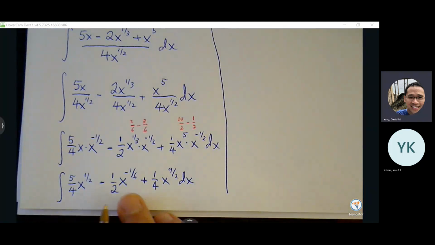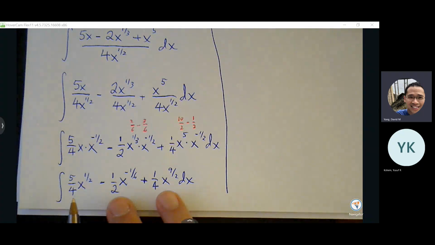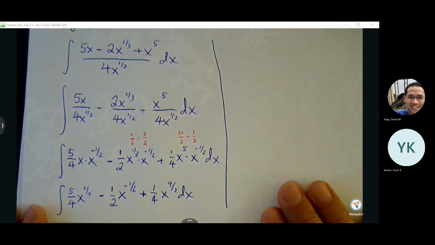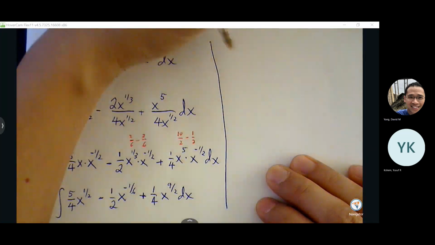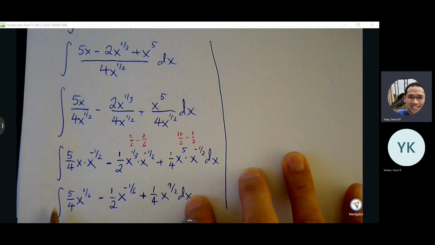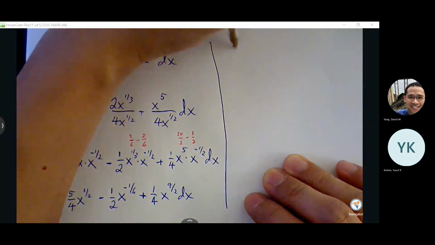All right, so all that work is just to get these terms nice and ready for power rule. Everything up to this point is just algebraic cleanup. Okay, now we're ready for power rule. Now that I'm going to apply power rule, I can drop these integral notations and dx notations.